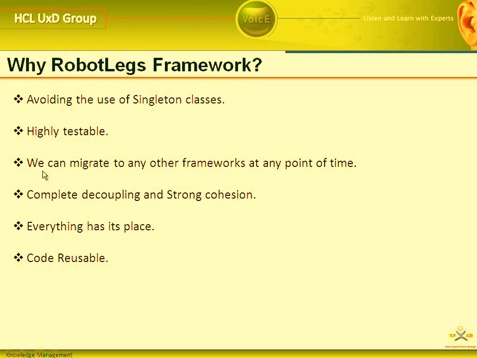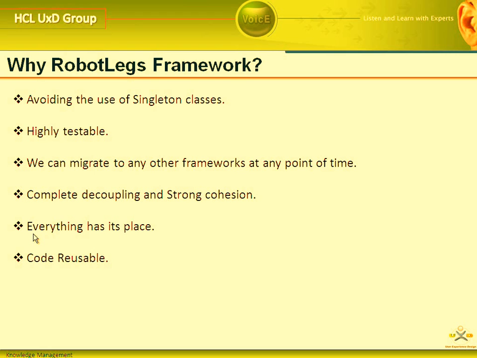And once an application is designed using this RobotLegs framework, maybe in the future we can migrate this application to any other framework at any point of time. And RobotLegs framework strongly supports a complete decoupling mechanism because all the layers are independent of each other.